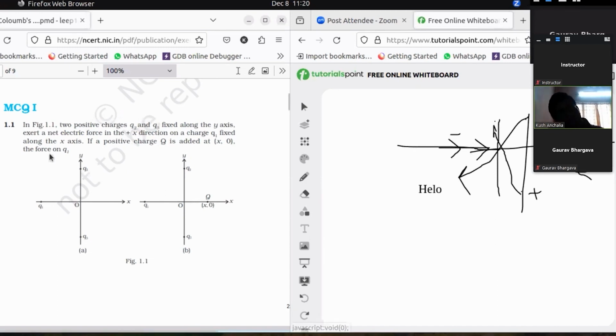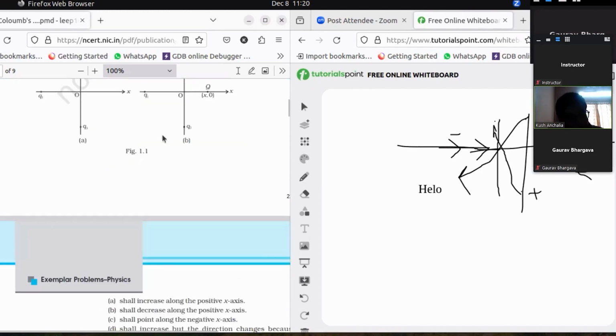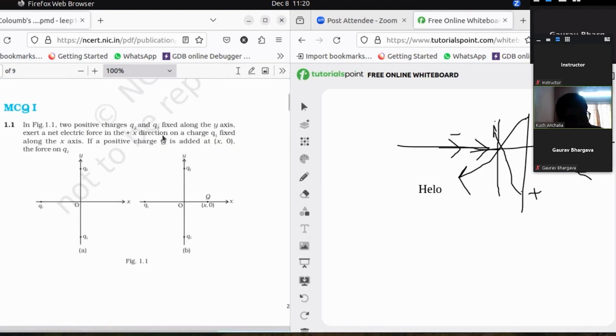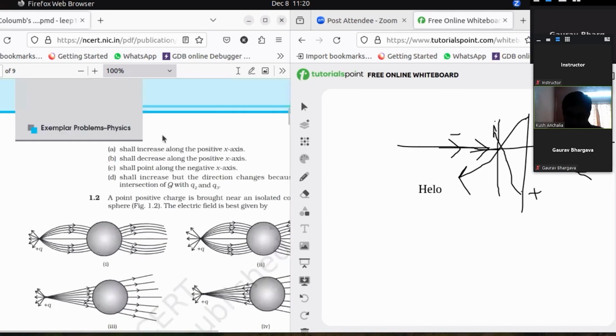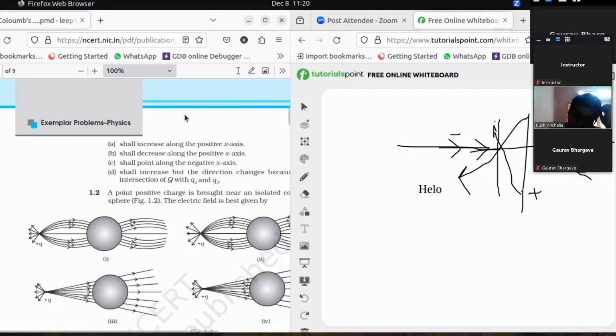The force on Q1 shall be increasing along the positive x direction, obviously. The net force will be along the x direction. It is confirmed that it shall increase along the positive x direction as we come closer. One more thing: if we come here, the force will keep on increasing.